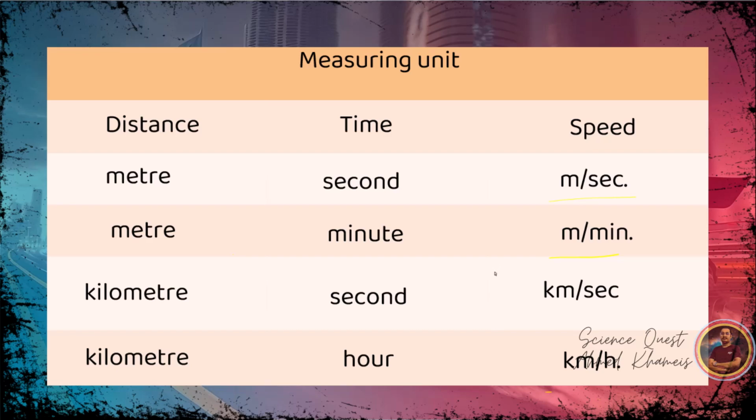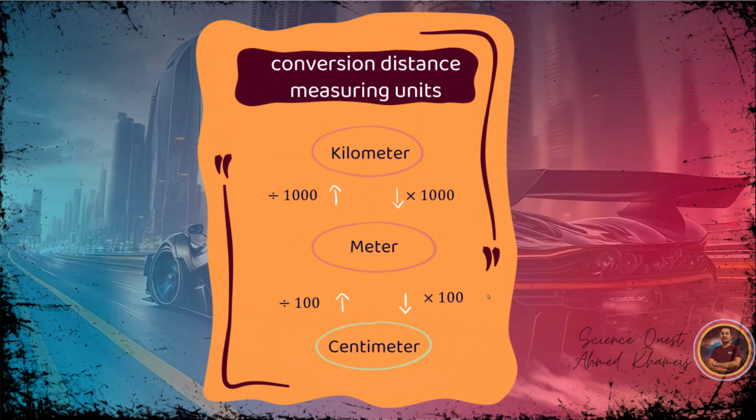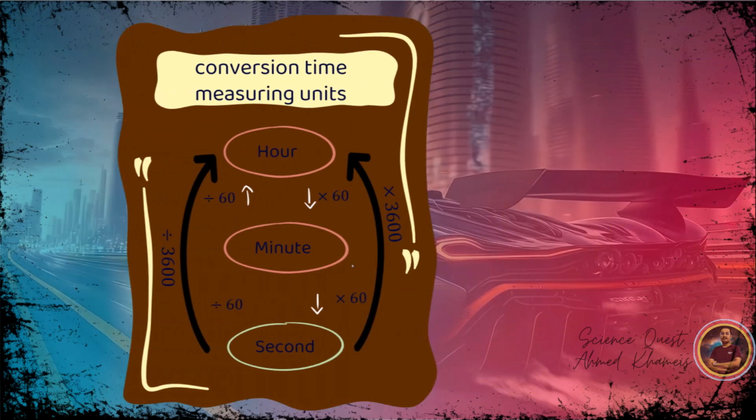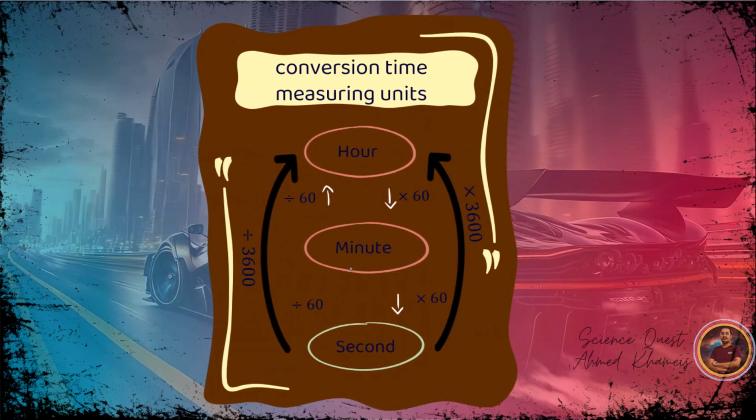And we can change from one unit to the other. To convert from kilometer to meter, we multiply by 1000. To convert from meter to centimeter, we multiply by 100. And to convert from centimeter to meter, we divide by 100. To convert from meter to kilometer, we divide by 1000. To convert the measuring unit of time from hour to minute, we multiply by 60.